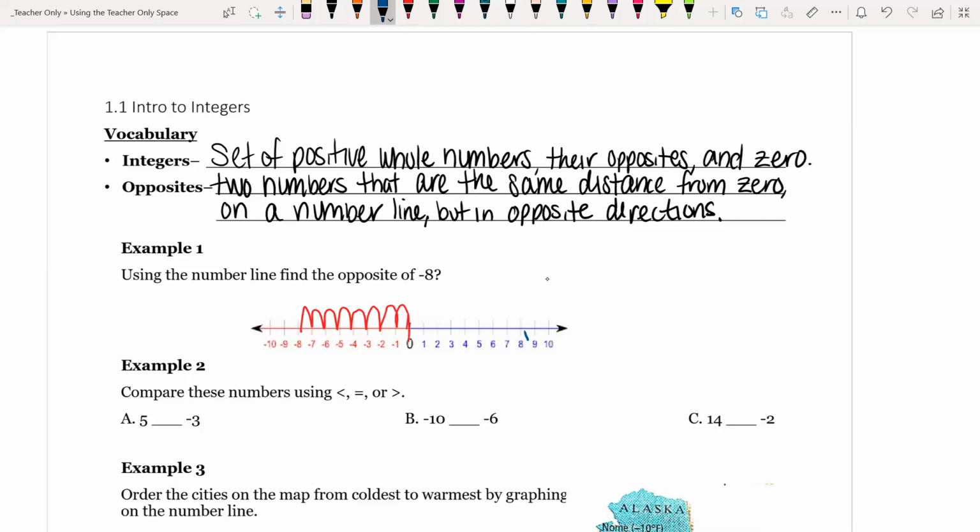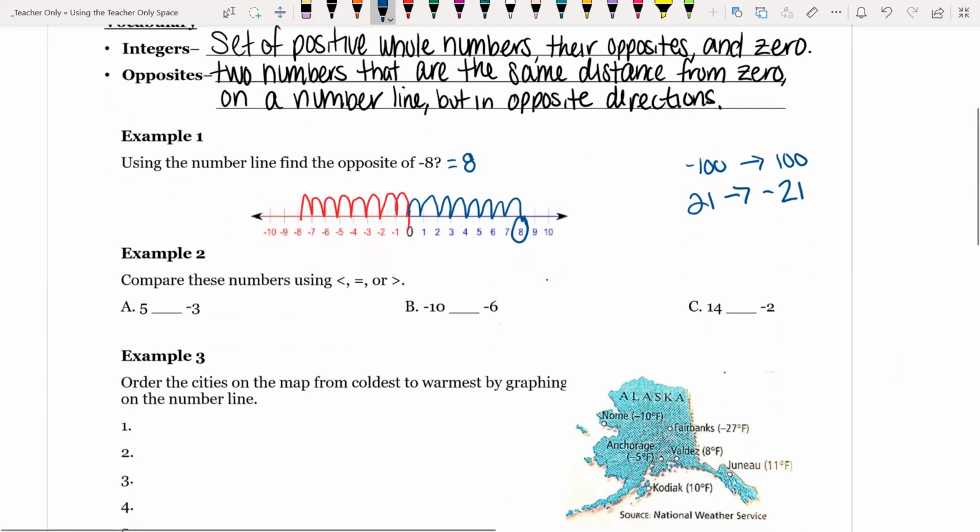And then it ends up being 8, right? So pretty much just the opposites, or if it's like -100, the opposite is 100. Or if it's 21, the opposite is -21. So just the opposite is just the negative or the positive of that number, if that makes sense.